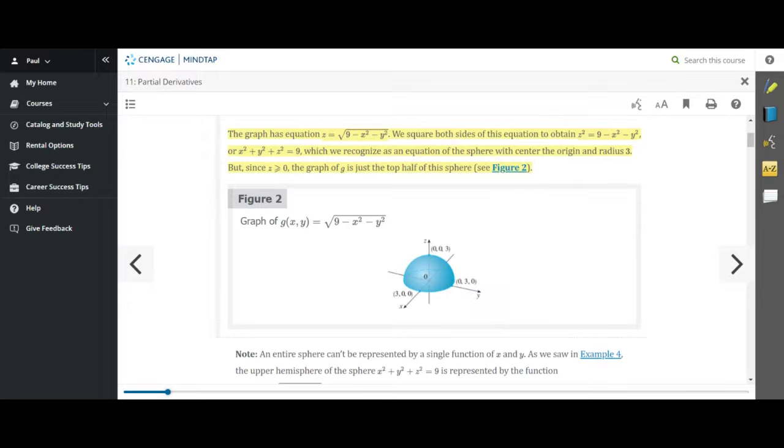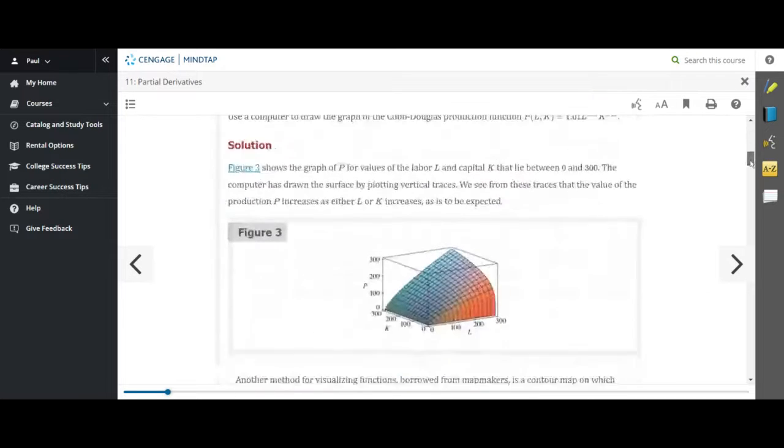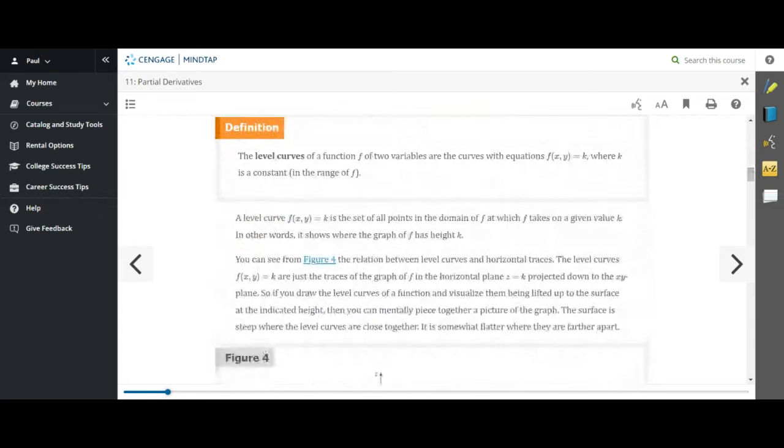So we can do very simple kinds of functions and look at surfaces, but sometimes the surfaces get a little more complicated. How do we deal with those kinds of situations? Well, we have something called level curves.